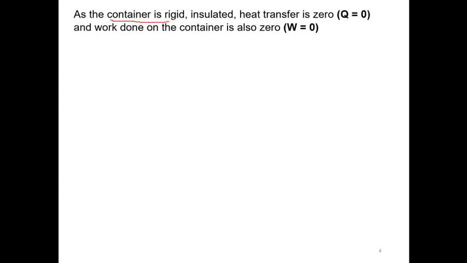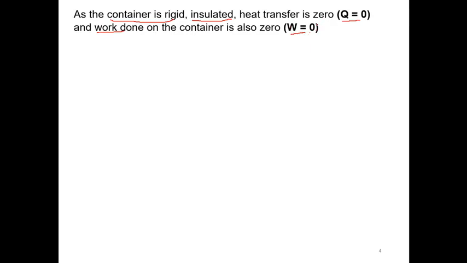So let's see. In this example, since the container is rigid and insulated, heat transfer into or from the container is equal to 0. Similarly, work done on the container is also 0 because there is no movement of the container since this is a rigid container.